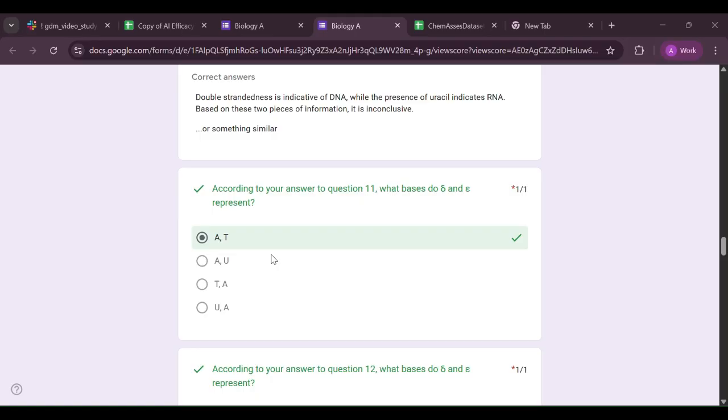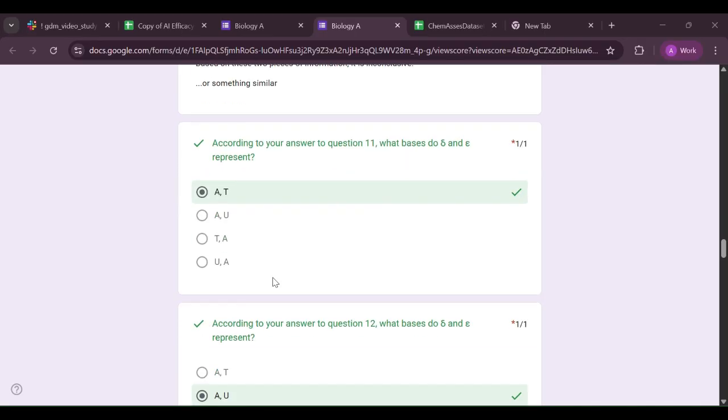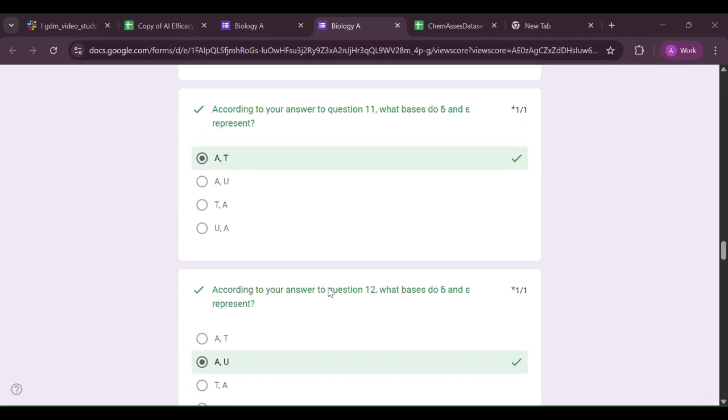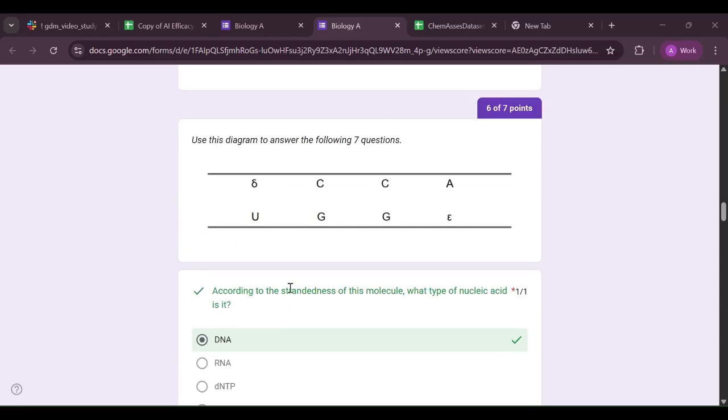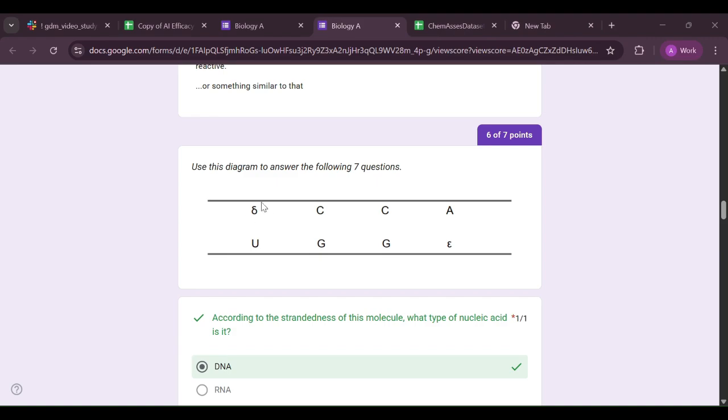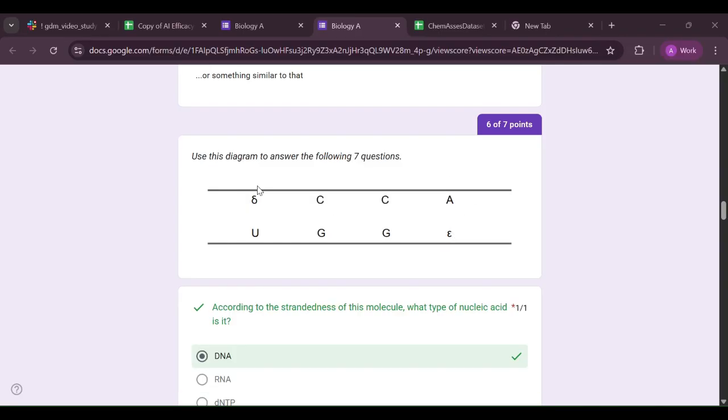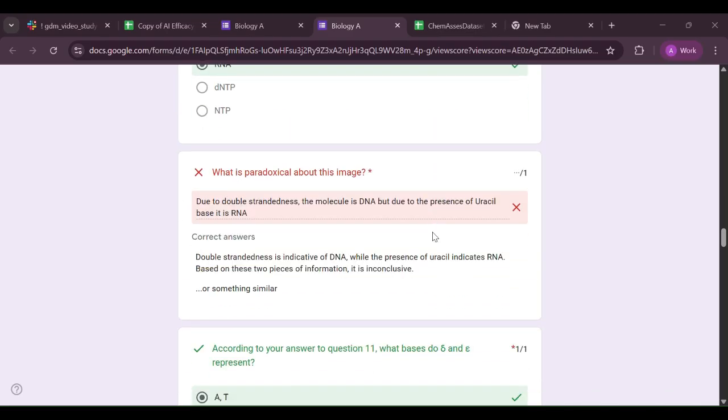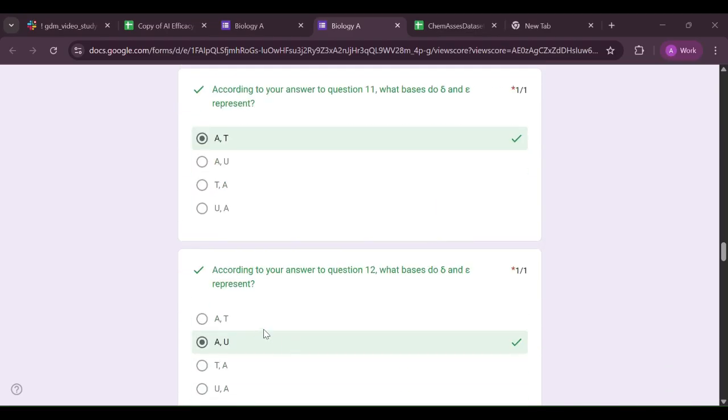Moving ahead, according to my answer to question 12, what bases do delta and epsilon represent? Here delta will be A as it is connected with uracil by hydrogen bonding, and epsilon will be U, which is uracil, present in RNA, connected with A by hydrogen bonding. So the answer will be A comma U, which is correct in my case.